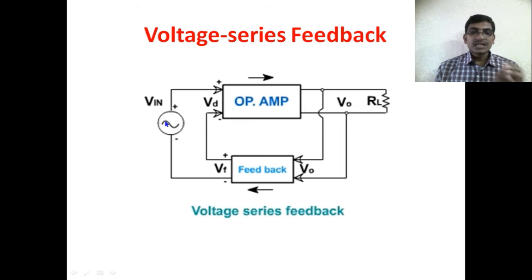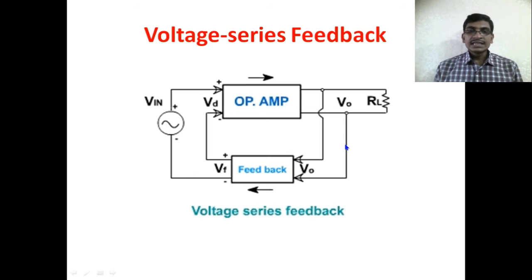If it is negative feedback, Vd is equal to Vin minus Vf. If it is positive feedback, Vd is equal to Vin plus Vf. This is about voltage series feedback. We already discussed these topics in electronic circuit analysis.